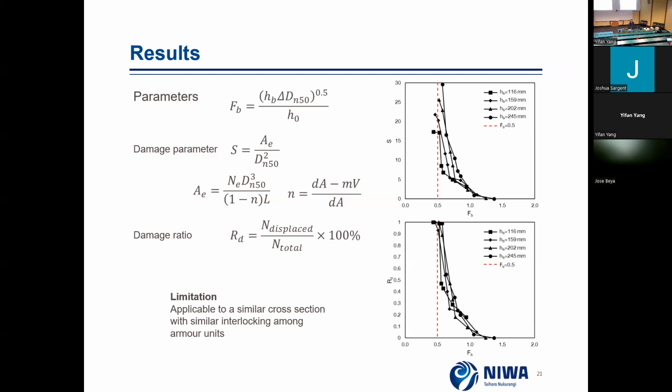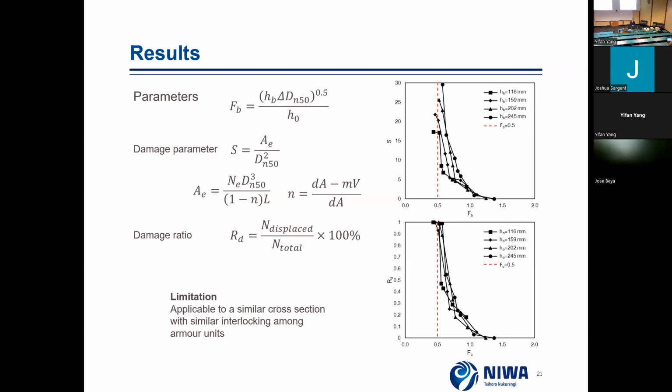And the damage parameter S is the eroded area of the breakwater profile divided by the size dn50 squared. And we have empirical parameters to calculate the erosion area AE. So we have this FB, and we have two damage parameters.